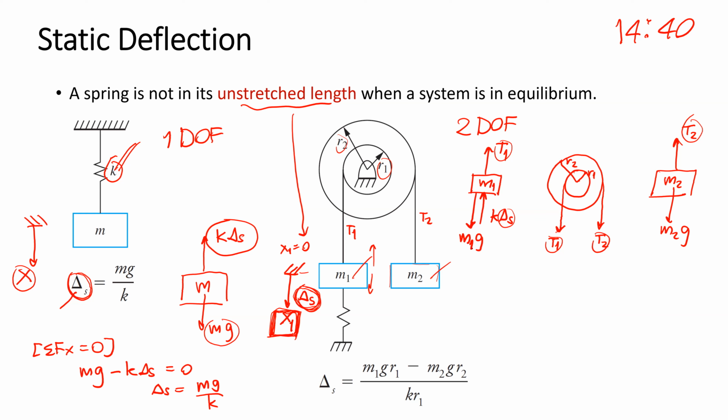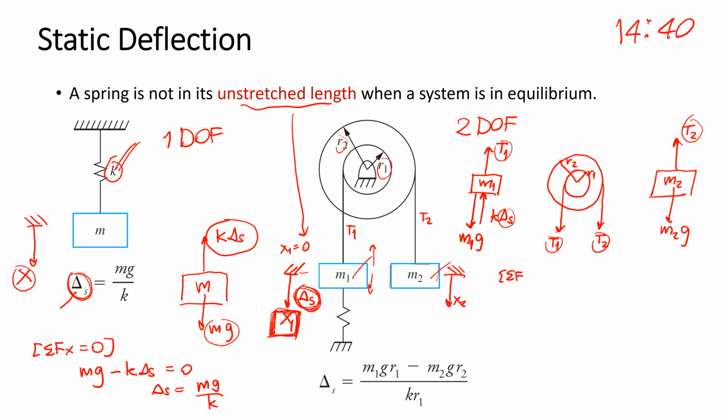And let's begin from M2. Summation F, I define x2 downward.